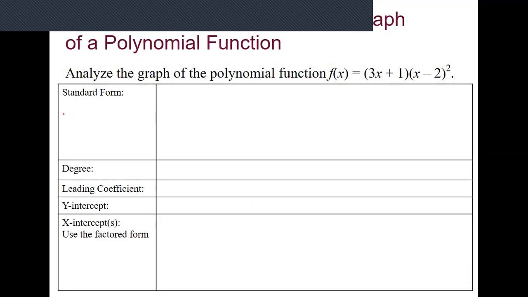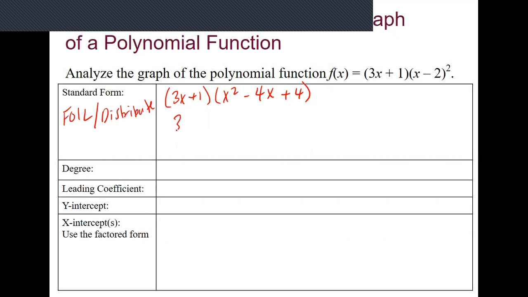In order to find the standard form, that's where I'm going to FOIL and distribute, right? So I FOIL and distribute. To begin with the FOIL, I'm going to end up with x squared minus 4x plus 4. That's the FOIL part. And now I'm going to distribute.